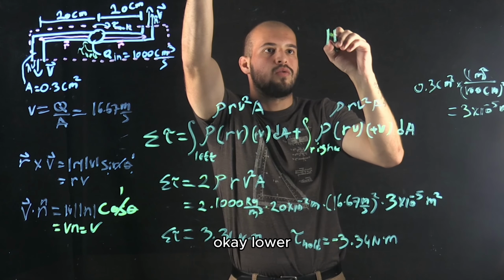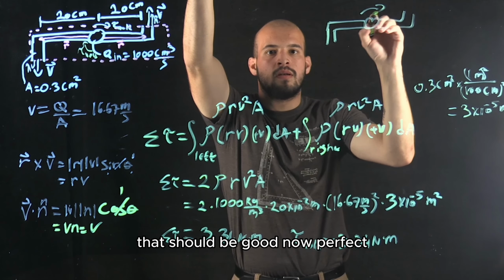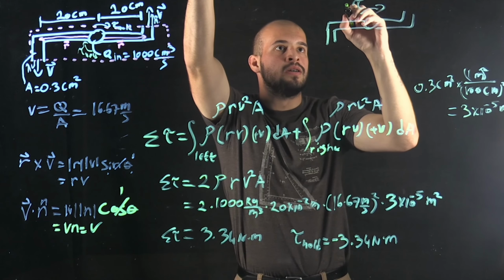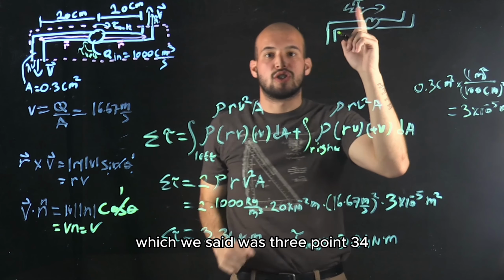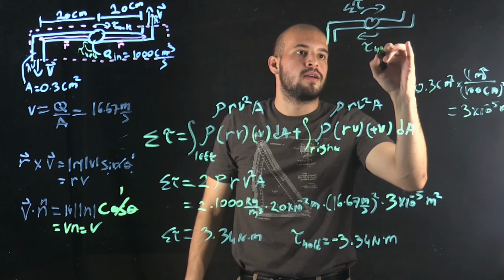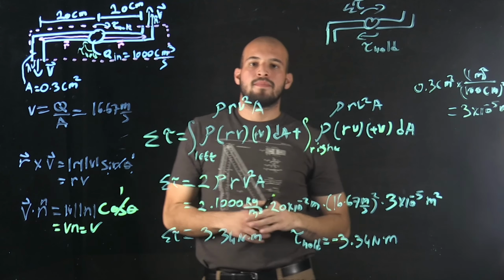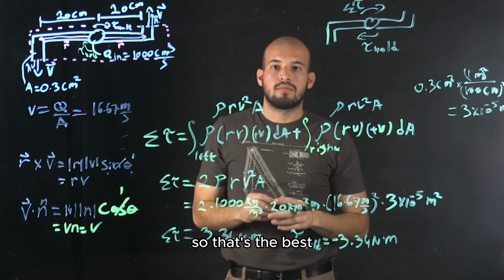Okay, lower. That should be good now. Perfect. So this was the sum of the torque, which we said was 3.34. So our torque hold is going to be going this way in order to counter that torque and keep it stationary.